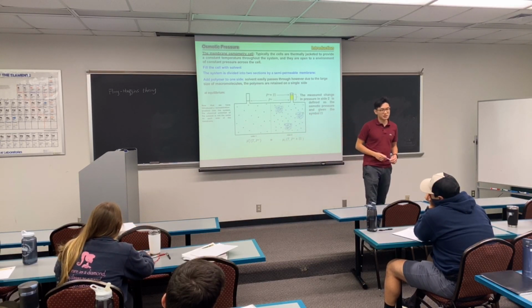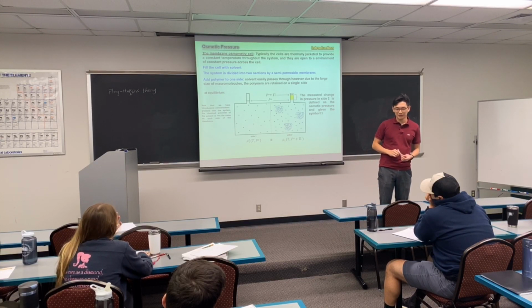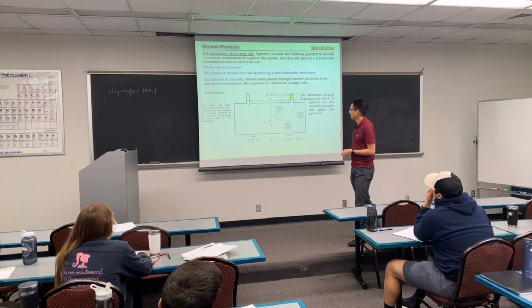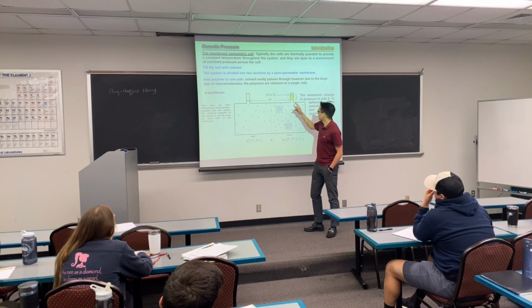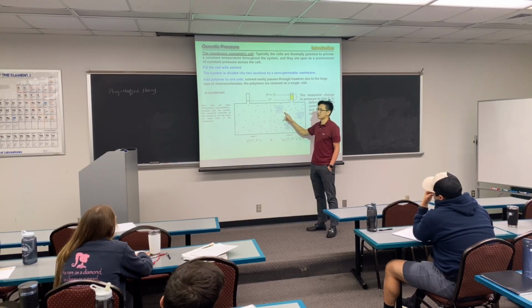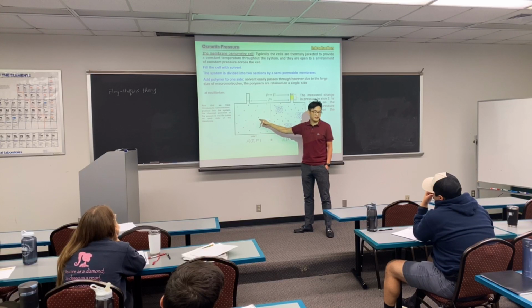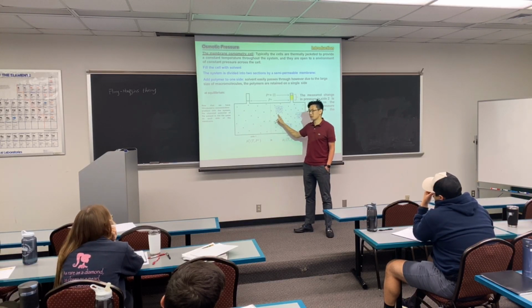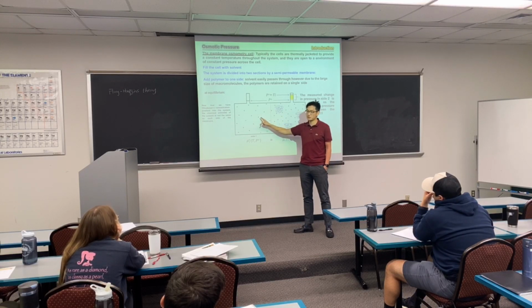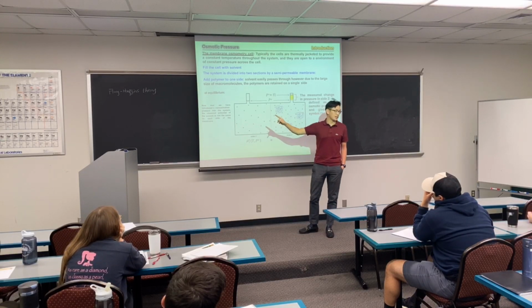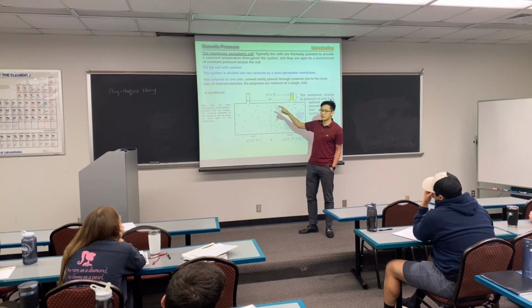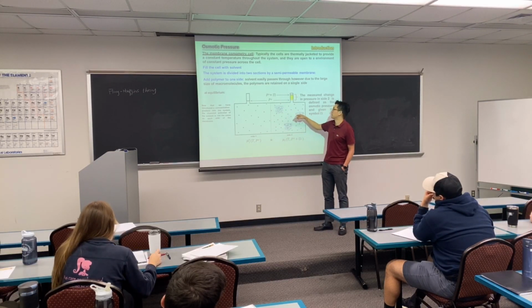So reverse osmosis is quite simple. Since you can have an osmotic pressure difference, this is spontaneous, but can we drive it in reverse? Reverse means we don't want water to diffuse this way, we want water to diffuse backwards. There's actually a way, it's called a reverse osmosis membrane.